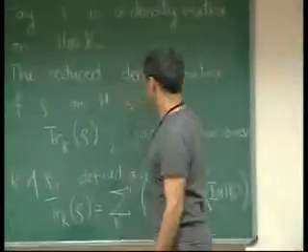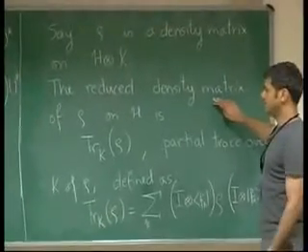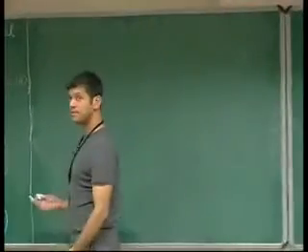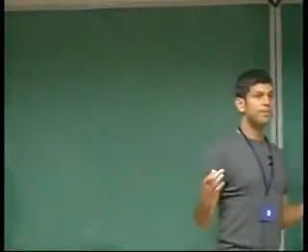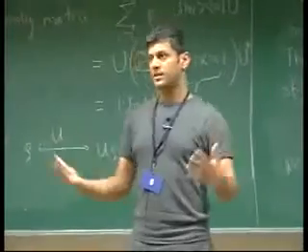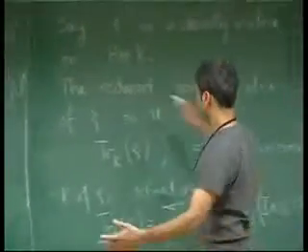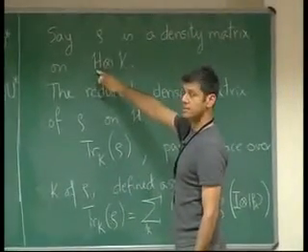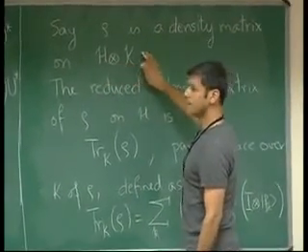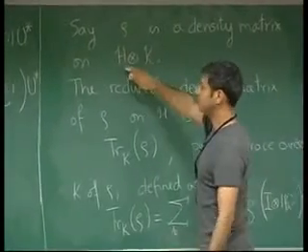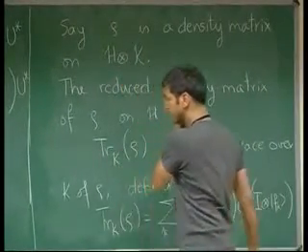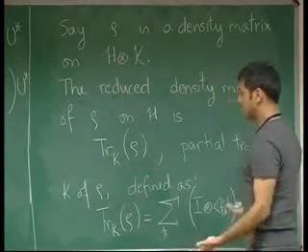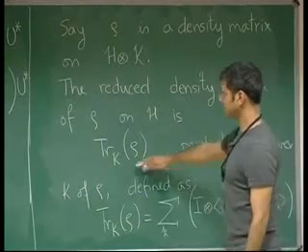Now, the reason I wanted to talk about partial trace is because the reduced density matrix captures the entire behavior of the big state, provided you are focusing on only one part of the system. Okay? So if all your operations are on H and you never touch the K part of the system, you measure only the H part, then all the information that you're going to get from the big state rho, the joint state, can be derived entirely from the partial trace.